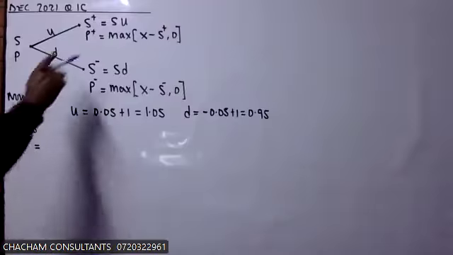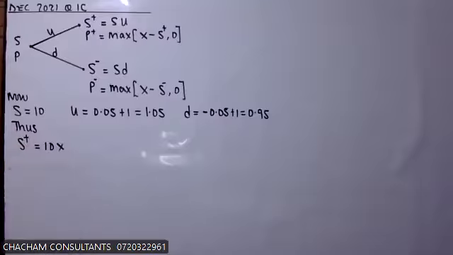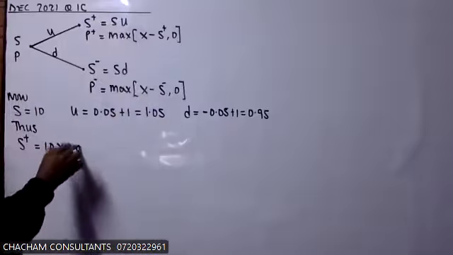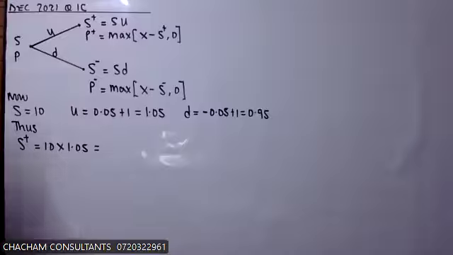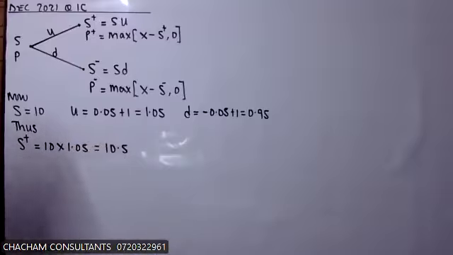Our formula says it is S, that is 10, multiplied by the upward factor U, 1.05. So tell me what that value is. If we increase by 5%, good, it will be 10.5.